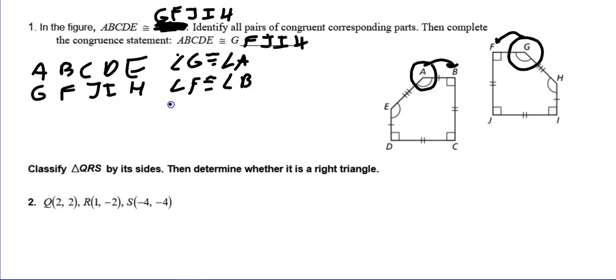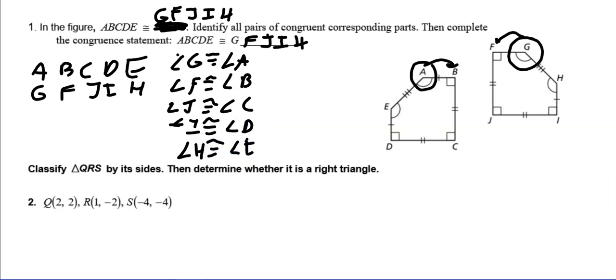So J and C. So angle J congruent to angle C. Angle I is congruent to angle D. And angle H is congruent to angle E. Now that's the angles. Now we have to do all the segments.